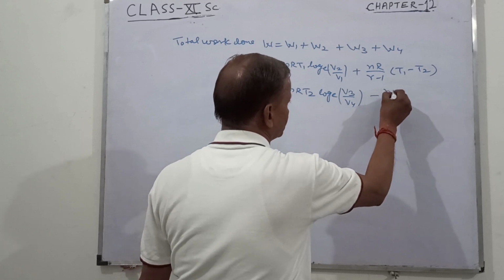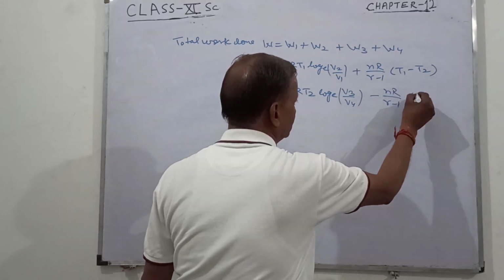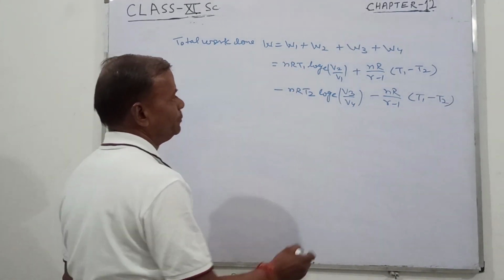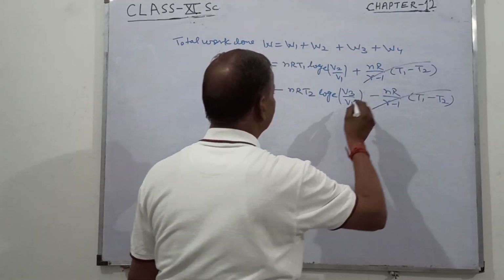This is minus nR upon gamma minus 1 into T1 minus T2. So now we can say that this term will cancel by this one.